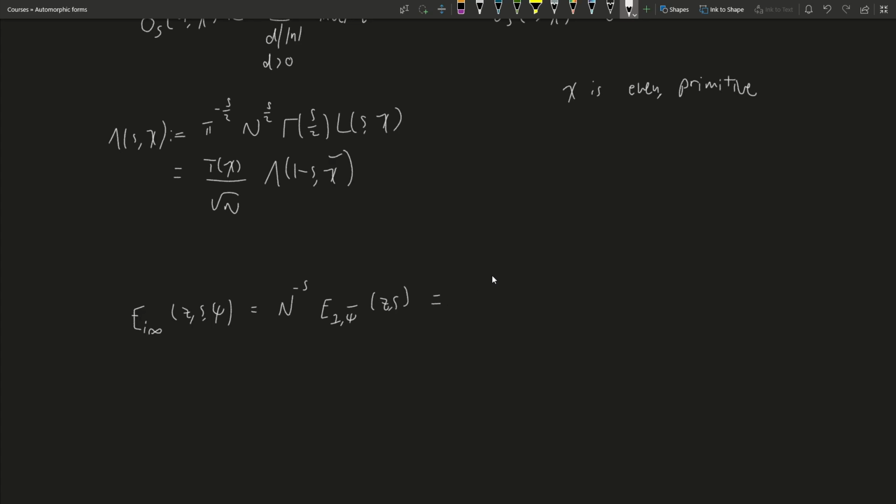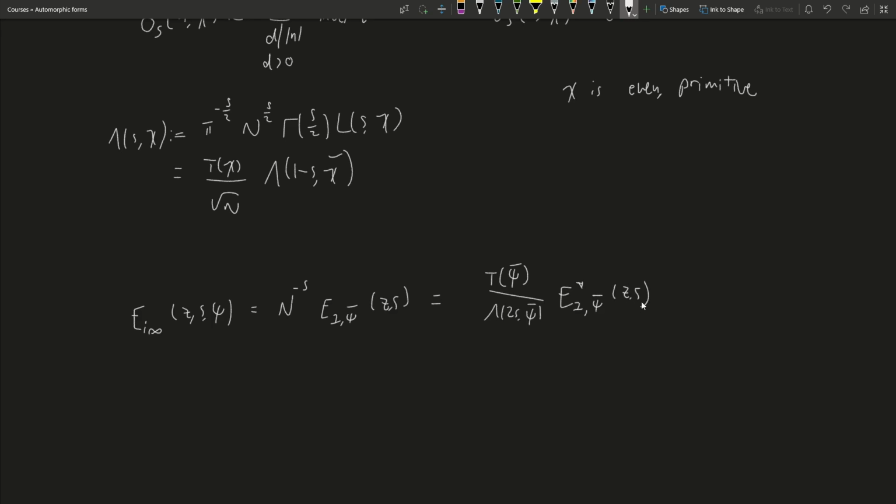And then if you unwrap this, this is equal to tau psi bar over the completed L function 2s, psi bar, of this trivial character in psi bar, z, s.